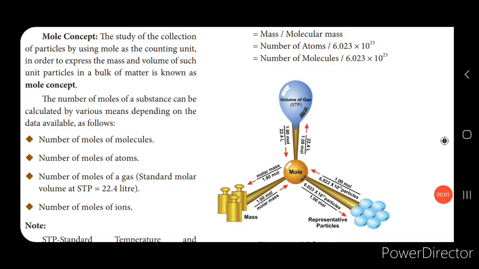Now let's move to what is mole concept. We know that atom is very very small, isn't it? Its mass is calculated with the relative scale using the mass of a standard isotope. The relative mass of the atom is always calculated.